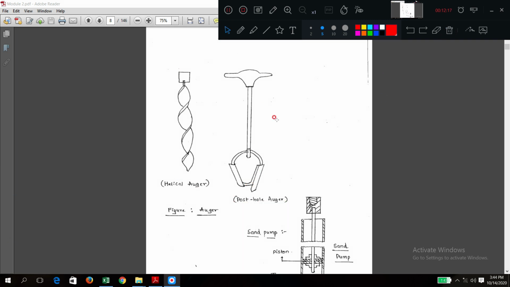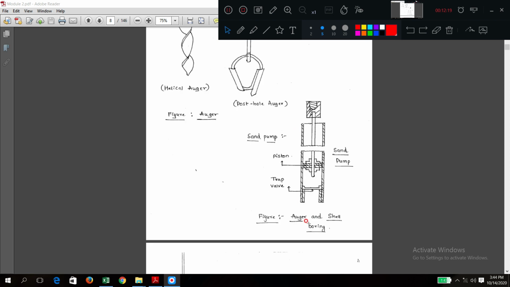Now when you come to this one, this is called auger and this is called auger and shell. See here, the boring type of method is nothing but excavating, where the instrument penetrates inside the soil and collects the sample. You understand? So this methodology is called the boring type of methodology.